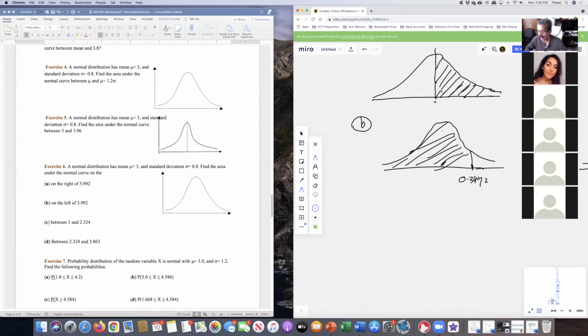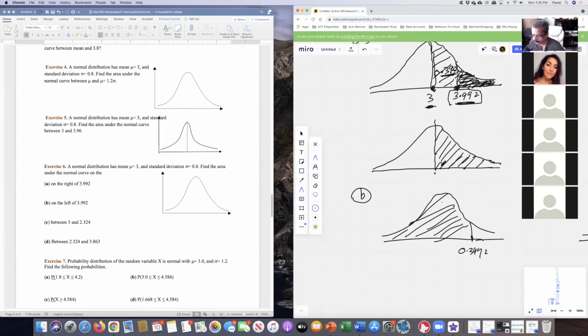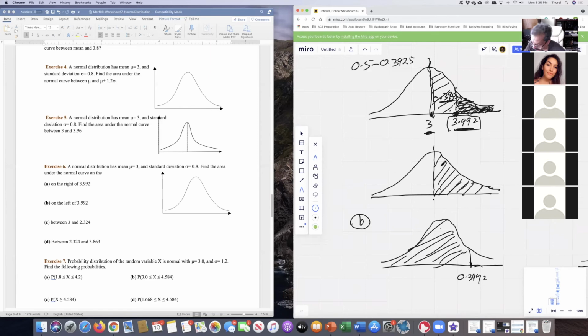We already have found the area between the mean and this number as 0.3925. What do I have to do to answer this question? Add 0.5 to the 0.3925, because the entire left side is equal to 0.5. So just add that and you get the answer.